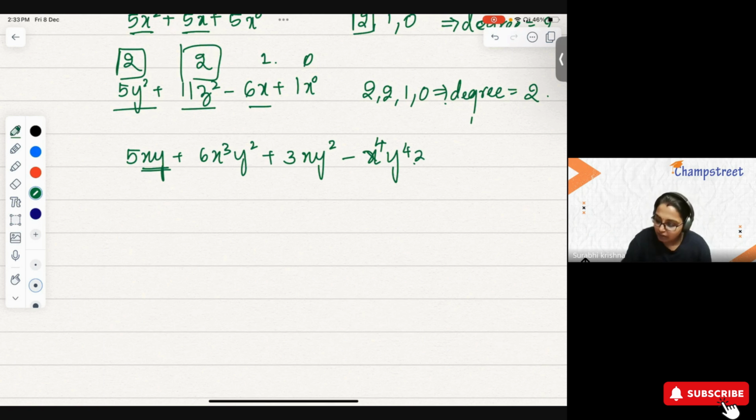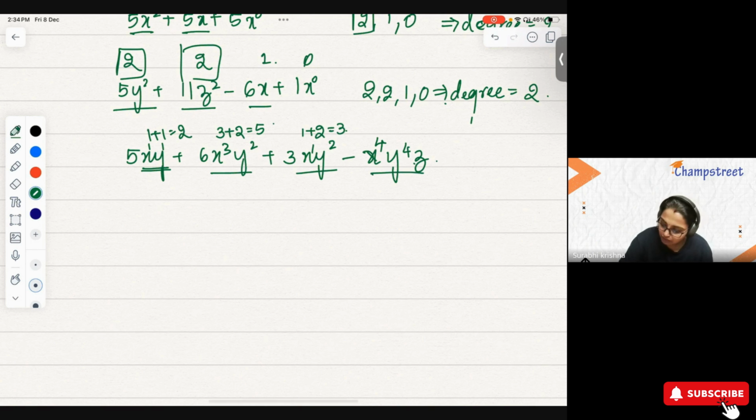Okay, let us take one more thing. Let this last term have 3 variables. The first term has powers 1, 1. So 1 plus 1 is equal to 2. The second has 2 variables again. One of the powers is 3, one of the powers is 2, so we have 5. Here, one of the powers is 1, one of the powers is 2. 1 plus 2 is equal to 3.